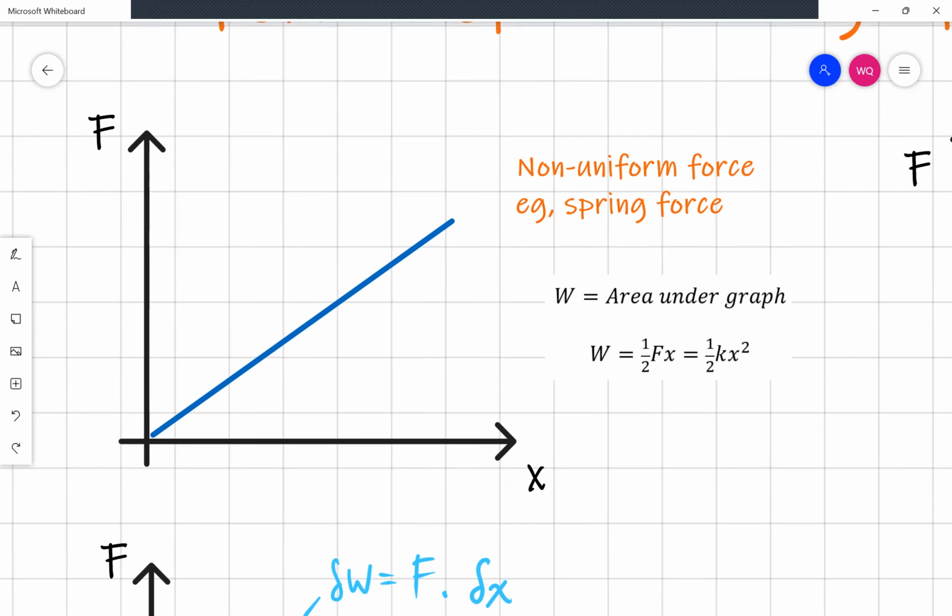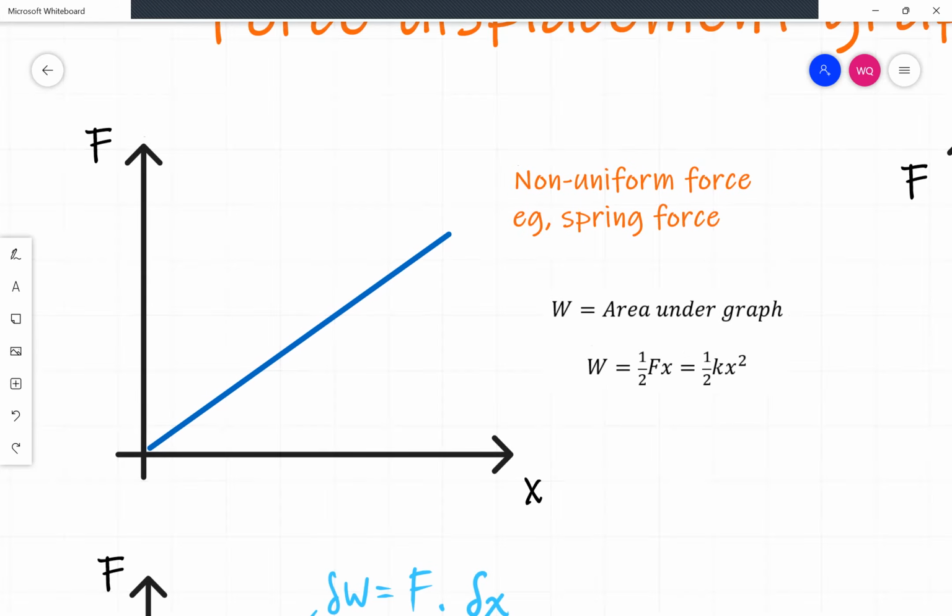Coming back to this spring force scenario, if you want to find the work done by the spring force, it is simply the area under the graph. So it will be half Fx, where F is any point on this graph. And F in turn is equal to kx. So the work done in stretching the spring is equal to half kx squared.